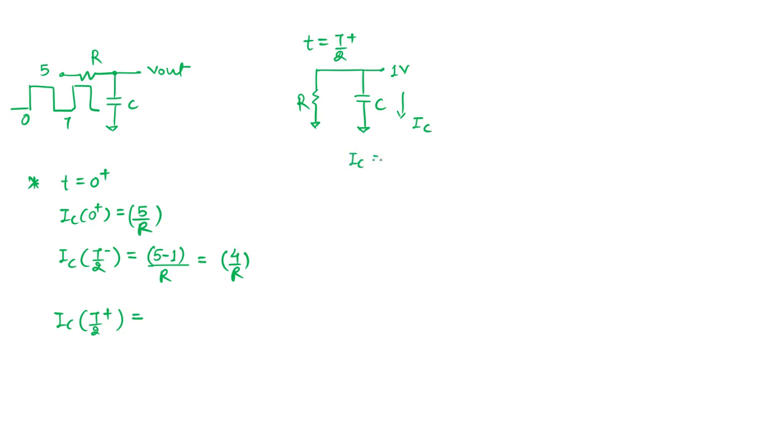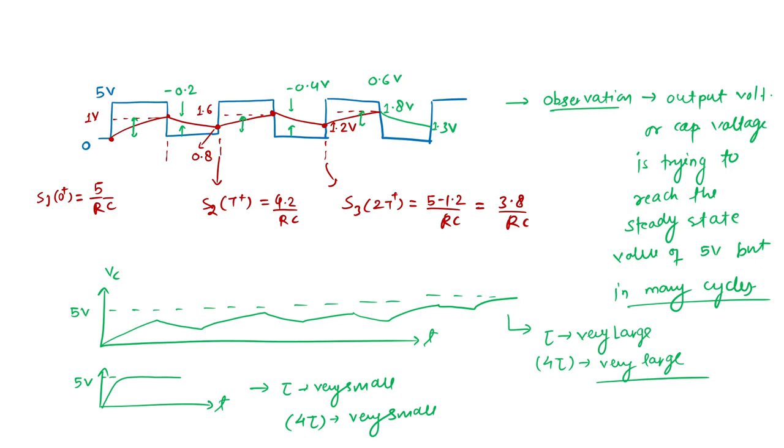I_C should be minus 1 by R. So from 4 by R it changes to minus 1 by R at t equal to T by 2. After T by 2 till T, what is happening now? Instead of 1 volt, this value is reaching 1.6 volt.